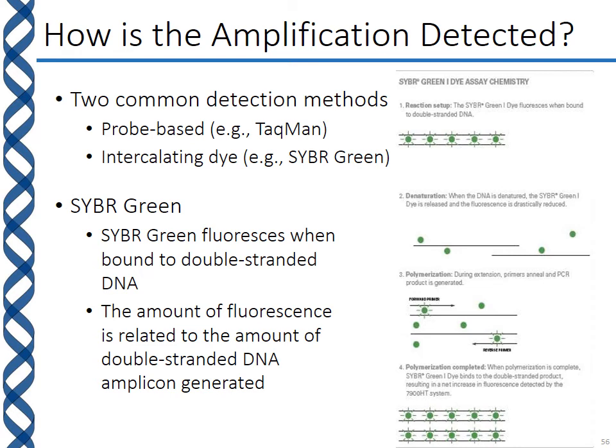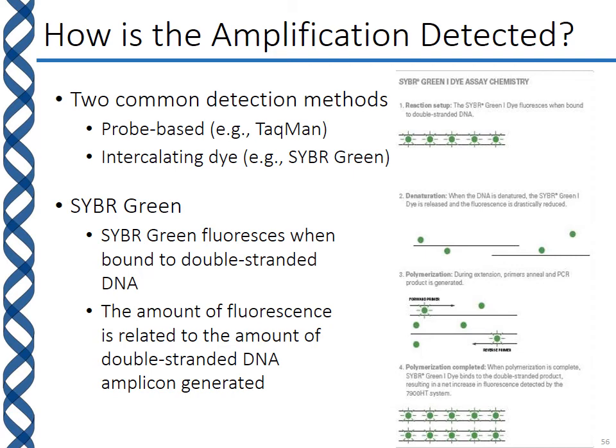So you can see in number 1, the top step, the SYBR Green molecules are in between the two different strands. When the DNA is denatured, those SYBR Green molecules are no longer between the two strands because the two strands are not together, and so that level of fluorescence is reduced.